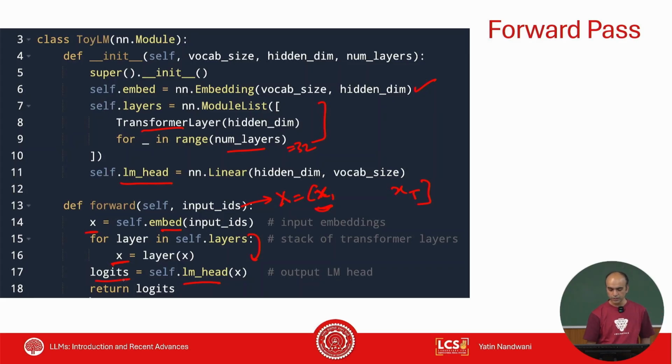So what would be the size of the logits here? It is going to be T cross V. What does it represent? At the first position, which was, let's say, beginning of sentence, it represents the probability of the word at position x1 given BOS.